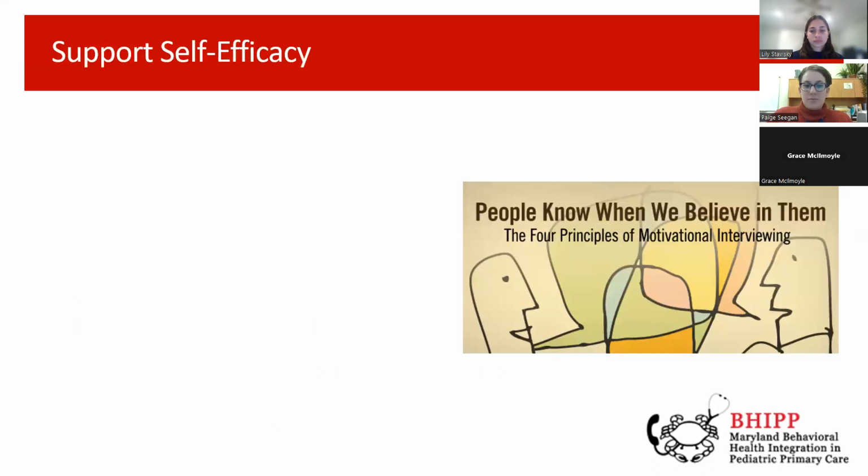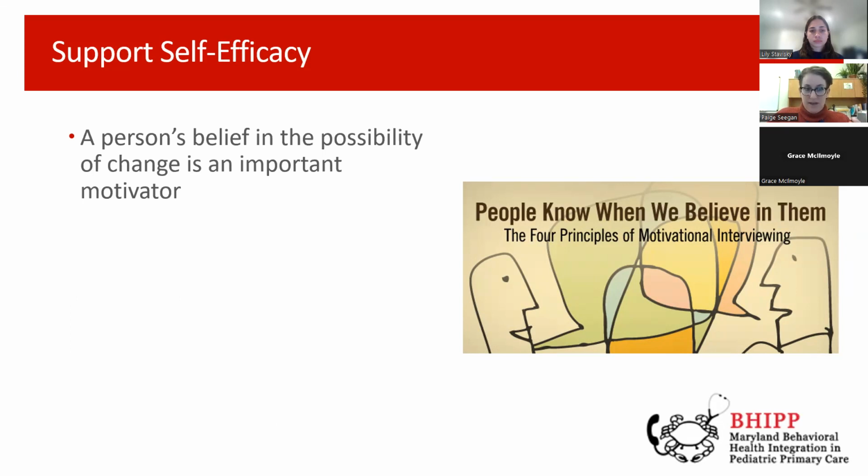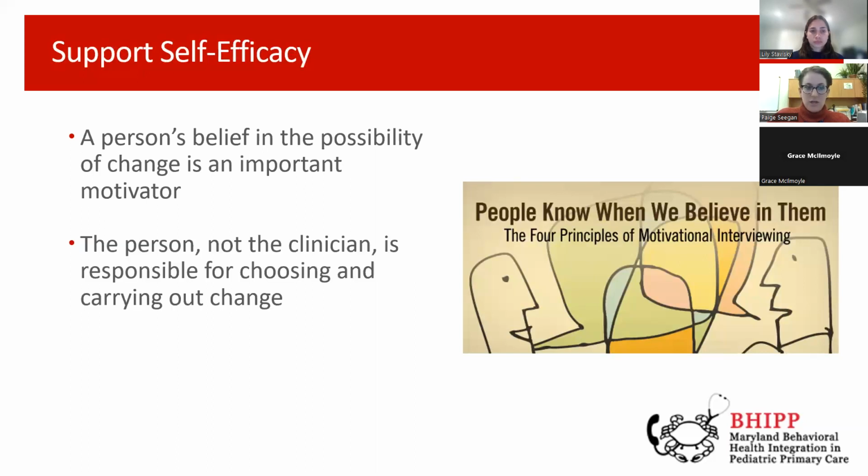Supporting self-efficacy. People know when we believe in them. If a patient is ambivalent about change and the clinician champions the side of change, that can actually be helpful. Now, it's not just blind cheerleading, like you can do this, you can do this. It's, again, helping take the information that you've already known. A person's belief in the possibility of change is an important motivator. So we want to make sure that they have that belief.